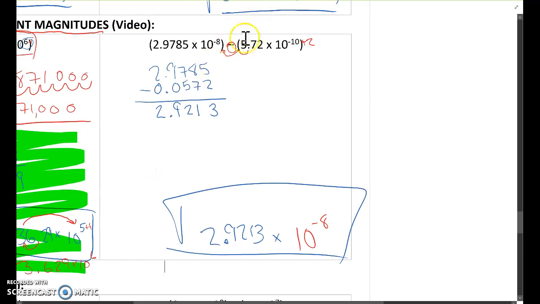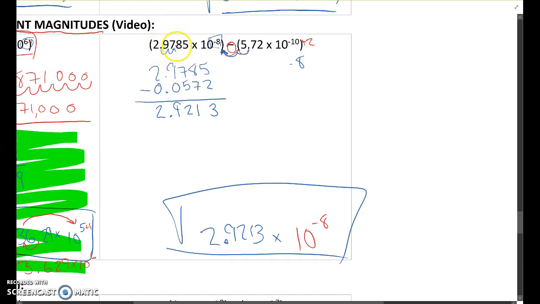And again, what I did here was I took this decimal and I moved it twice in order to make this number present more in scientific notation of -8. The reason I didn't change this one is if I did, I would have had to take this and move it twice this way, which I could have done.